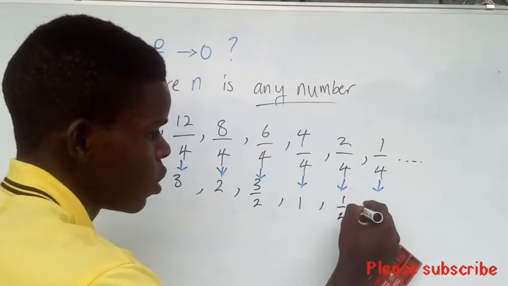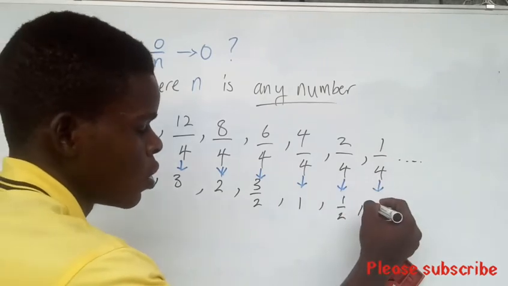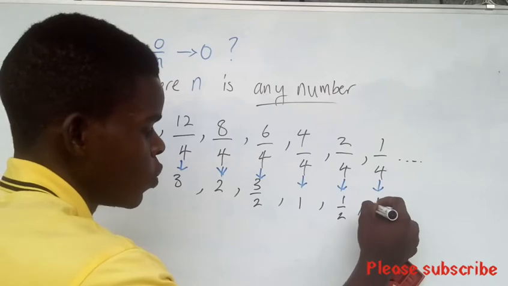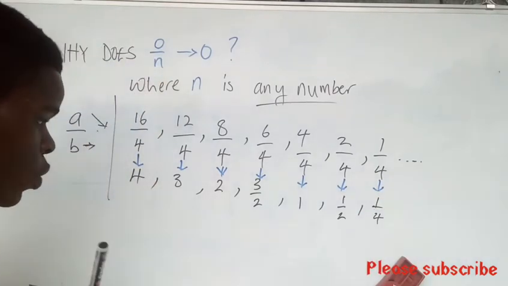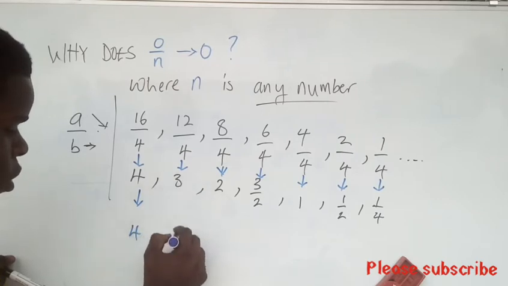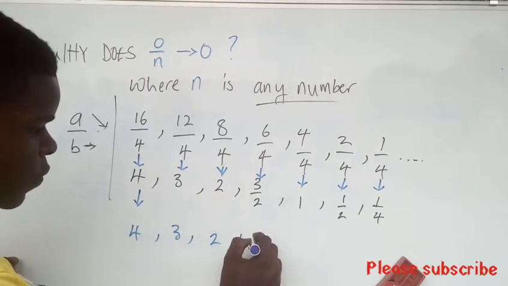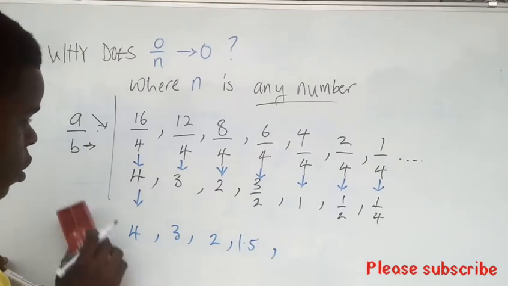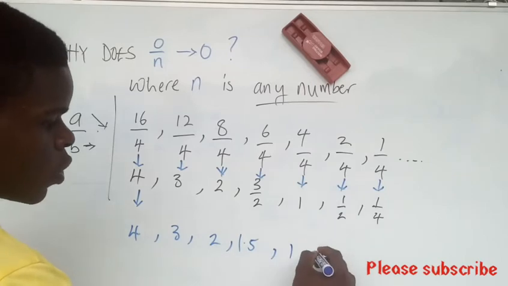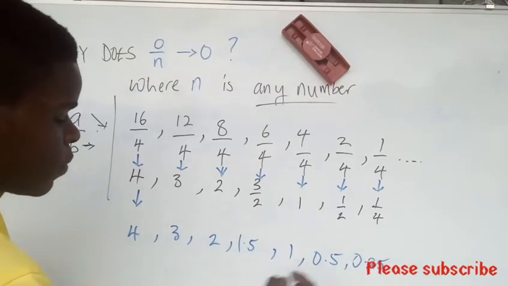That's 1 over 2. 1 over 4 is 0.25. So here, this is 4, this is 3, this is 2, this is 1.5, this is 1, this is 0.5, this is 0.25.